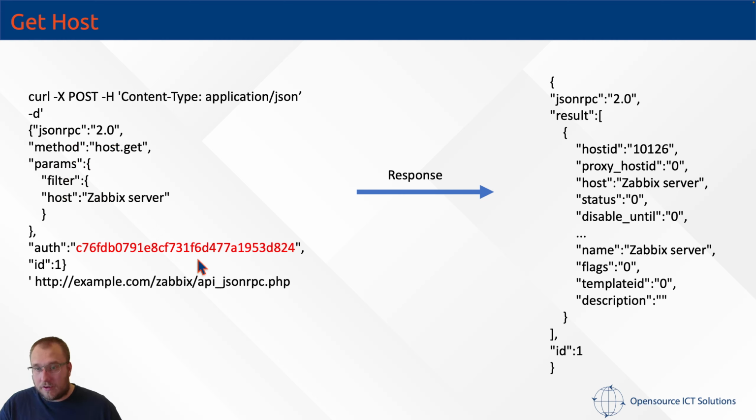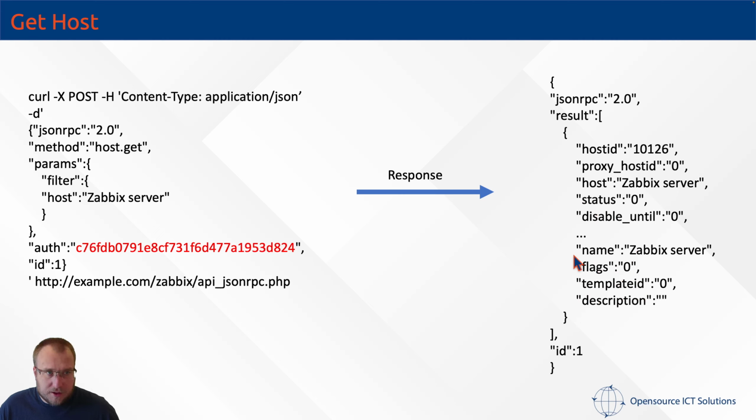And of course, we are utilizing that authentication token that we previously obtained. Since we are just filtering on a host here, we will get back all information regarding this host. And well, we can see the host ID, the host name, the status, visible name, the flags, template ID, description. There are so many different fields here.